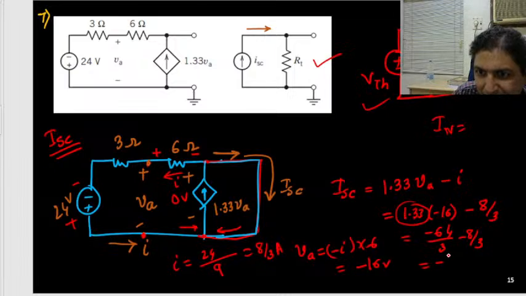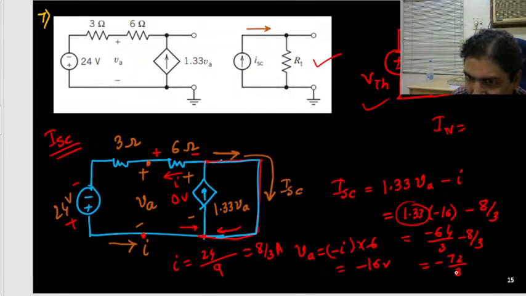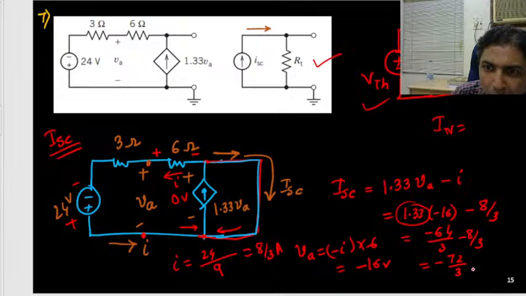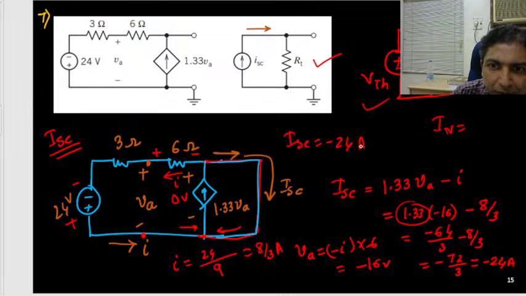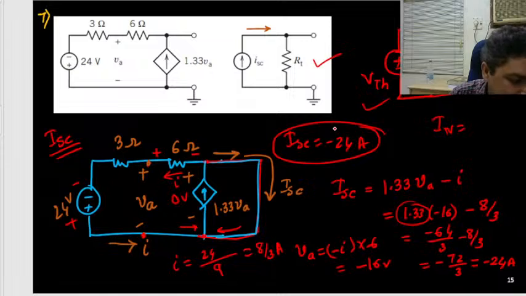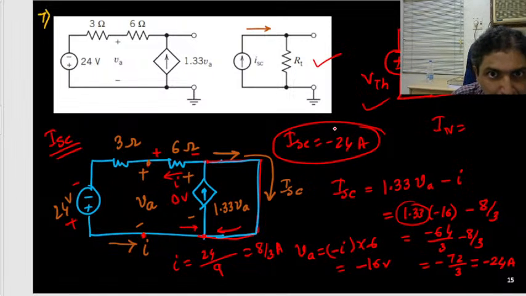It's minus 72 by 3, which equals minus 24 ampere. So ISC is minus 24 ampere. Is it okay?